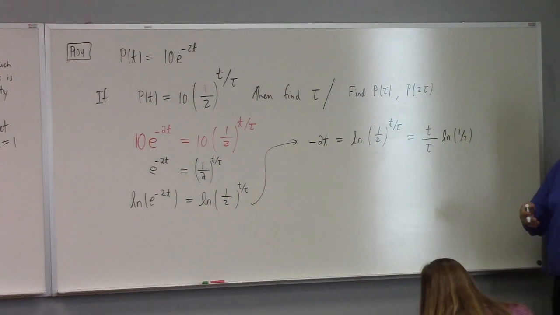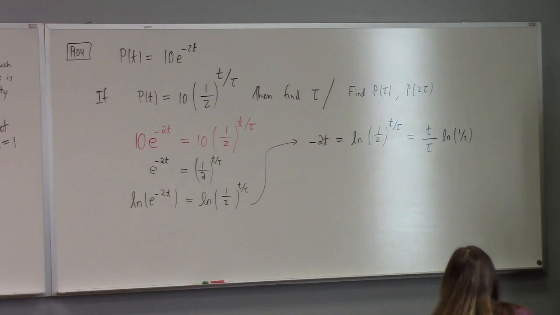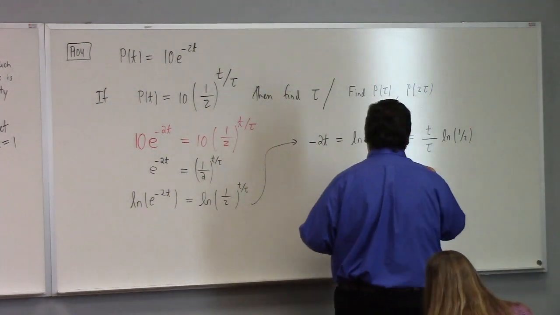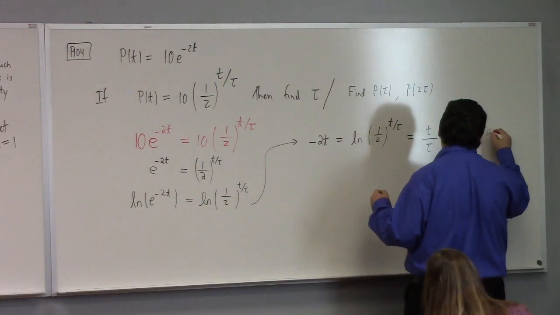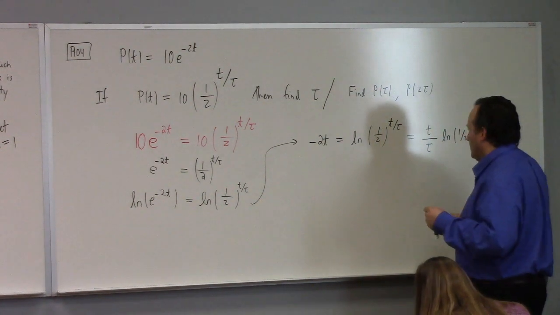Just like the last problem, this is an identity. It has to hold for not one time, but all time, so we can put t equals 1 if you like. Set t equals 1, get rid of the t. In fact, you could have put t equals 1 at the start of all this if you wanted to.